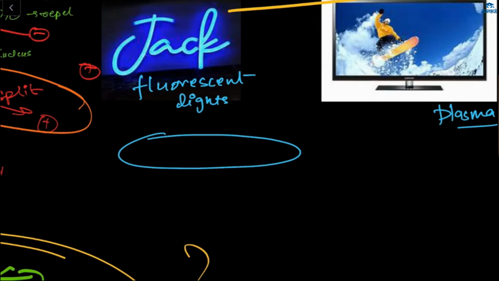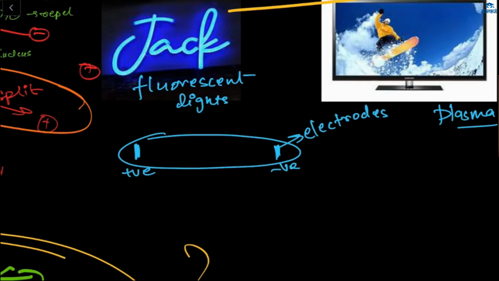Let's say these are two electrodes, one positive and one negative, connected with a voltage terminal. Now if positive and negative are there, what will happen? Obviously the ionization will take place.